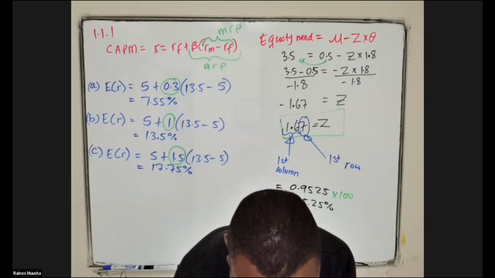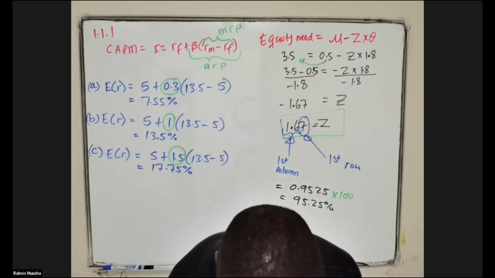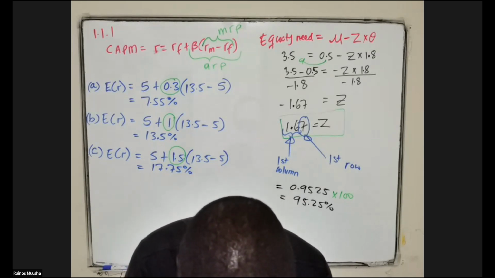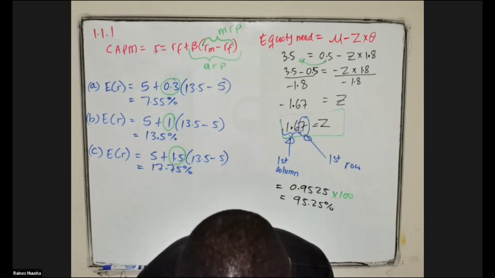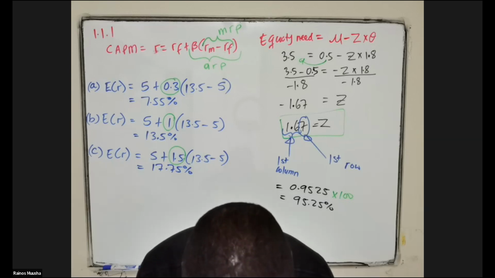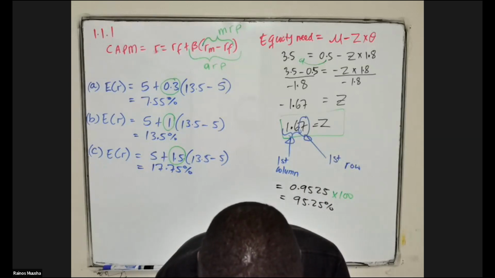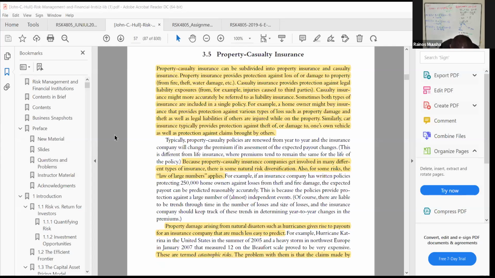If you check on page 58, section 3.5, they say typically property casualty policies are renewed from year to year, and the insurance company will change the premium if its assessment of the expected payout changes.